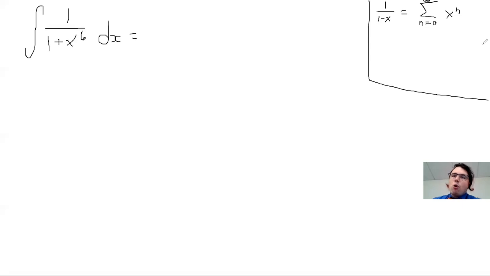This power series only converges as long as x is a number between -1 and 1. So I do need to be careful about that. But under that assumption, I would be able to use this expansion. I just need to find a way to manipulate the formula and make it look like what I have on the left of this screen.